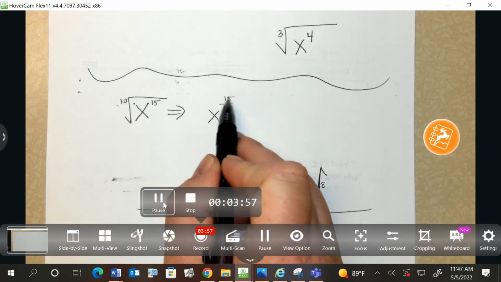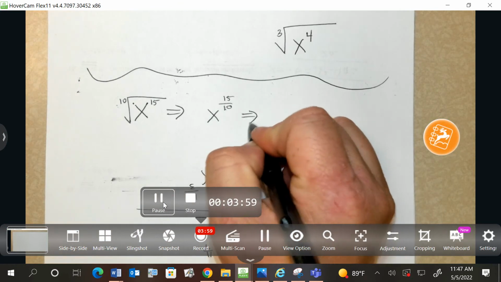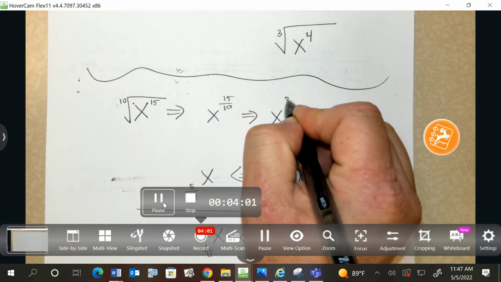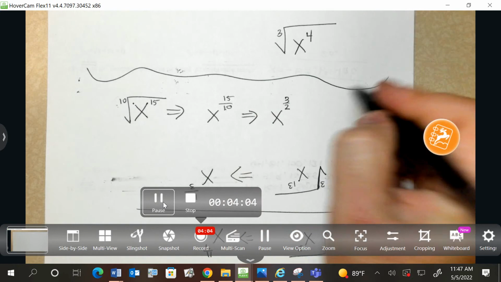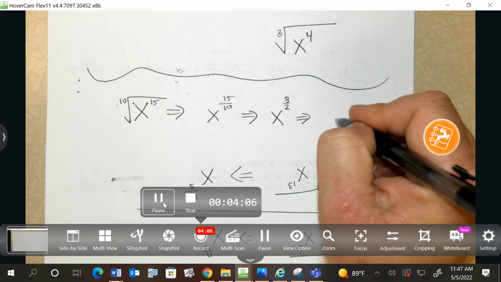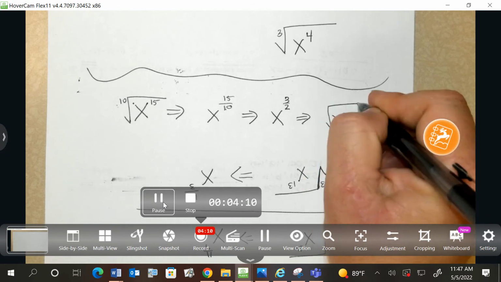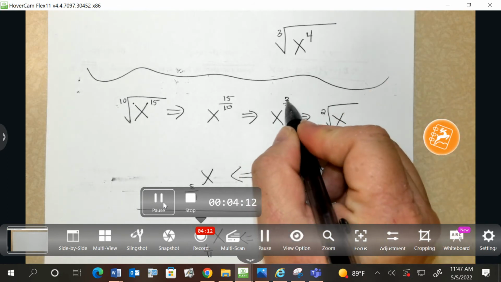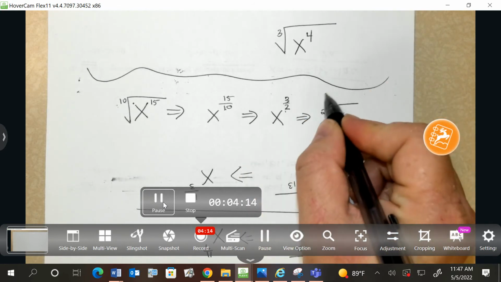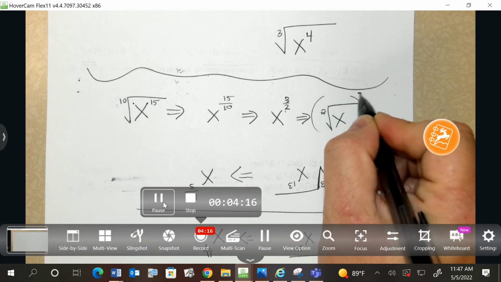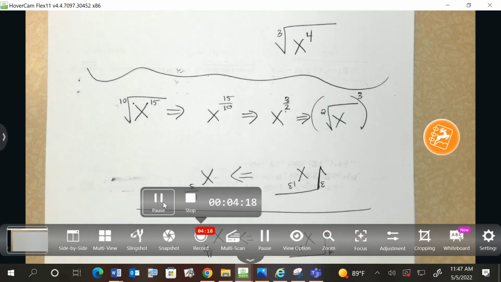The nth root always goes on the bottom. I can reduce that, and I could use a calculator to reduce it. It reduces to 3/2. And now if I put it back into radical form, it looks like this. We have x, the nth term goes on the outside, and this 3 I have an option to put inside, or I could put parentheses and put it on the outside. Those are my two options.